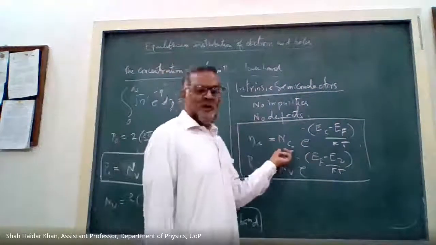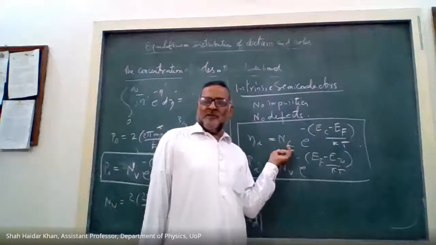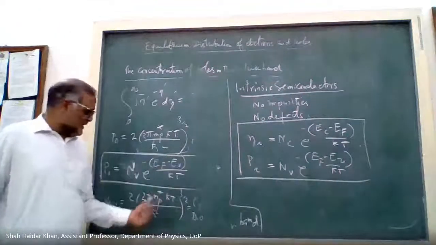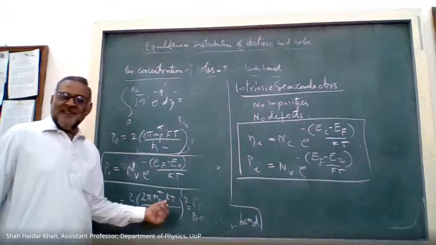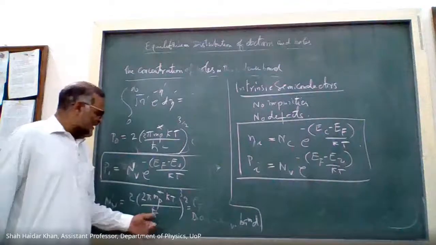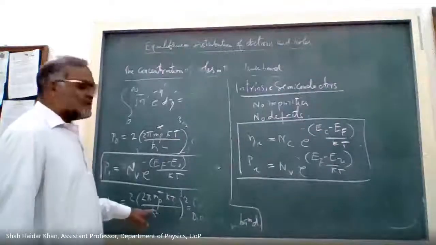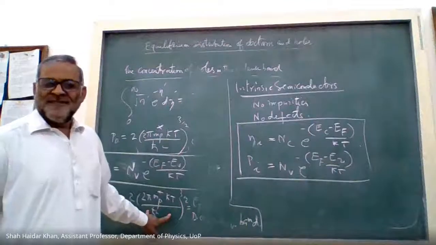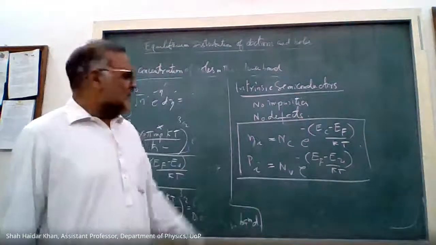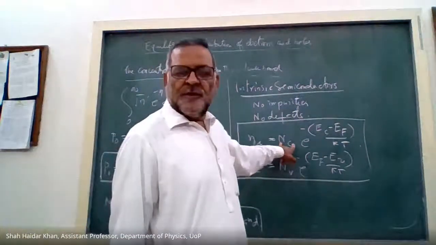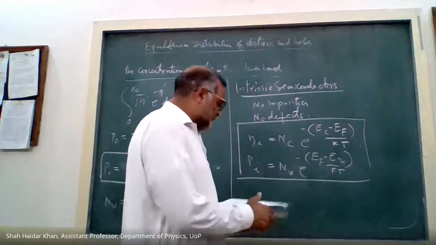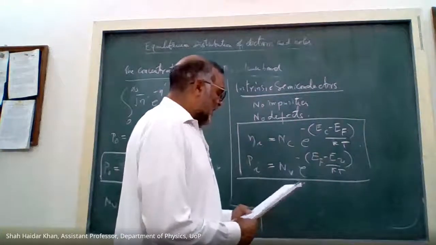You get this from the effective mass of the electron, the effective mass of the holes, K the Boltzmann constant, the temperature, and h the Planck constant. This is the effective density of states function for the conduction band and for the valence band.